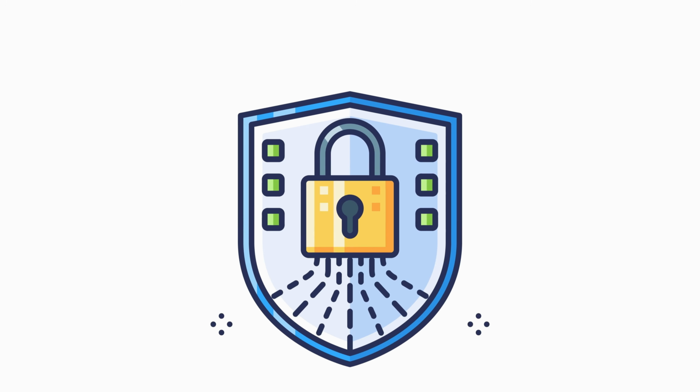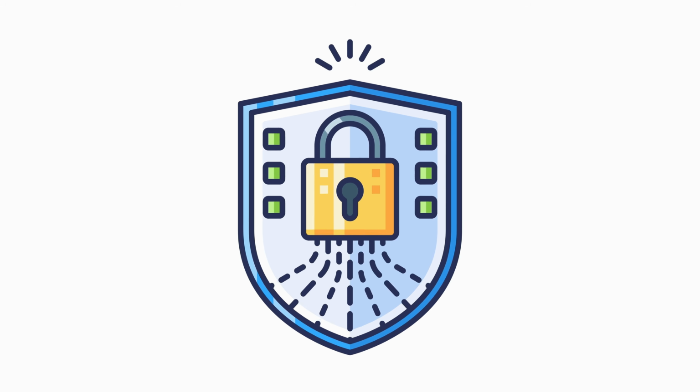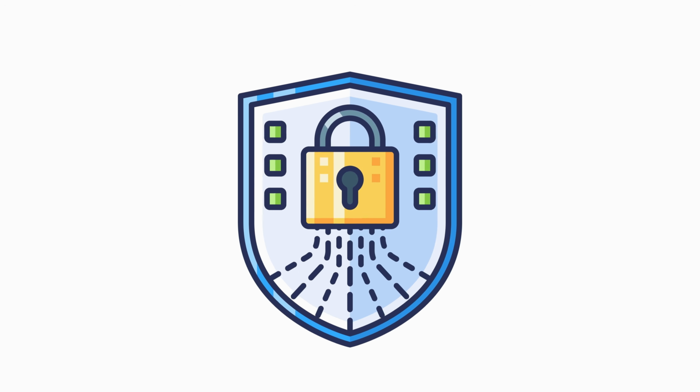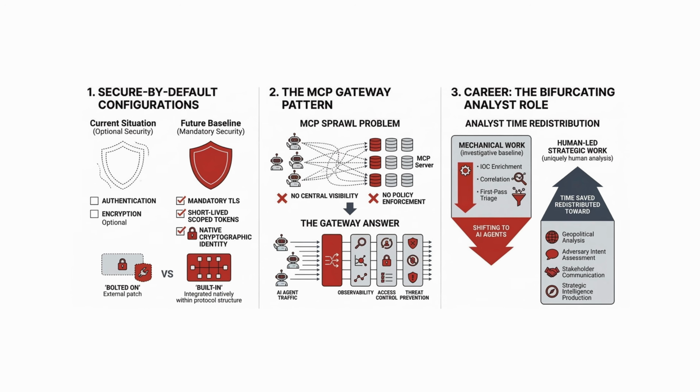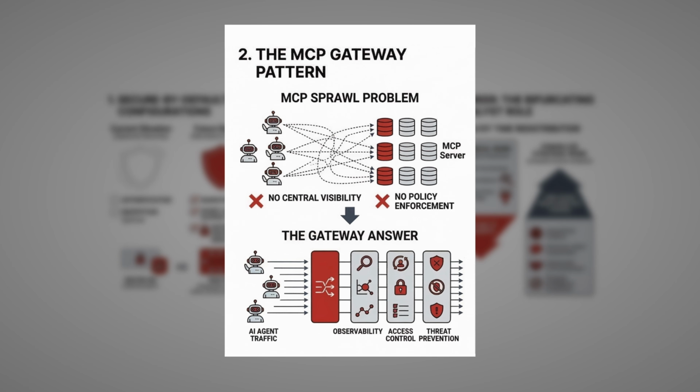The industry is moving toward mandatory TLS, short-lived scope tokens as baseline, and potentially native cryptographic workload identities baked into the protocol itself. Future protocol versions will likely have permissions models built in rather than bolted on. Second, the MCP gateway pattern.